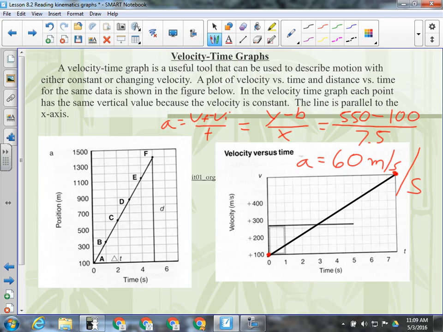Which we usually abbreviate as meters per second squared. Those are your units for acceleration. That's where the acceleration formula we're going to be using next week comes from. It's the slope of a line on a velocity versus time graph. Okay. Anybody need that part? I got to take it off.